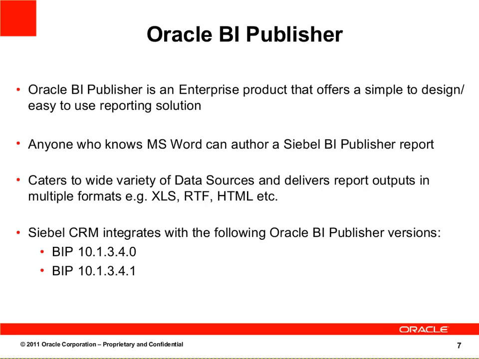It caters to a wide variety of data sources, and it delivers multiple formats; the outputs can be in XLS format, HTML, or PDF. There are various choices of output formats, which were not available with the Actuate integration we had with Siebel. We did not have the flexibility of a lot of output formats, but with this one, we definitely have much more.